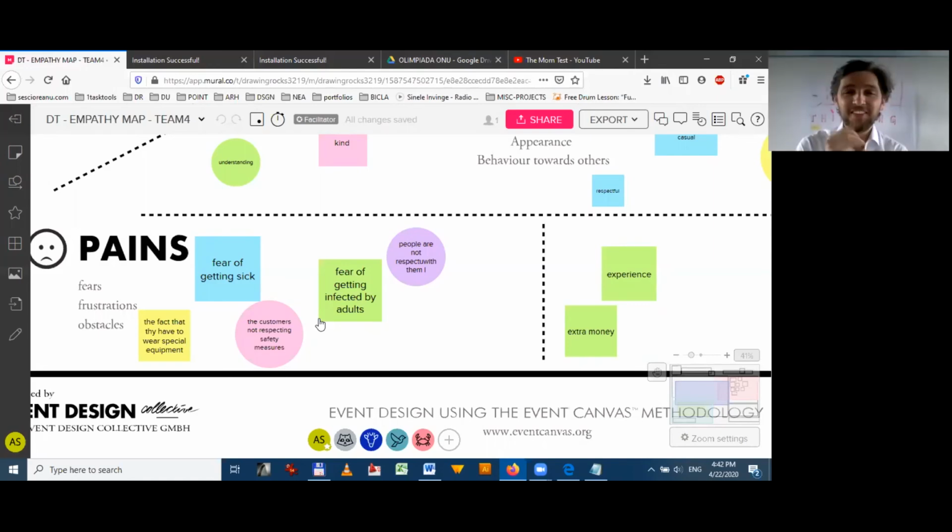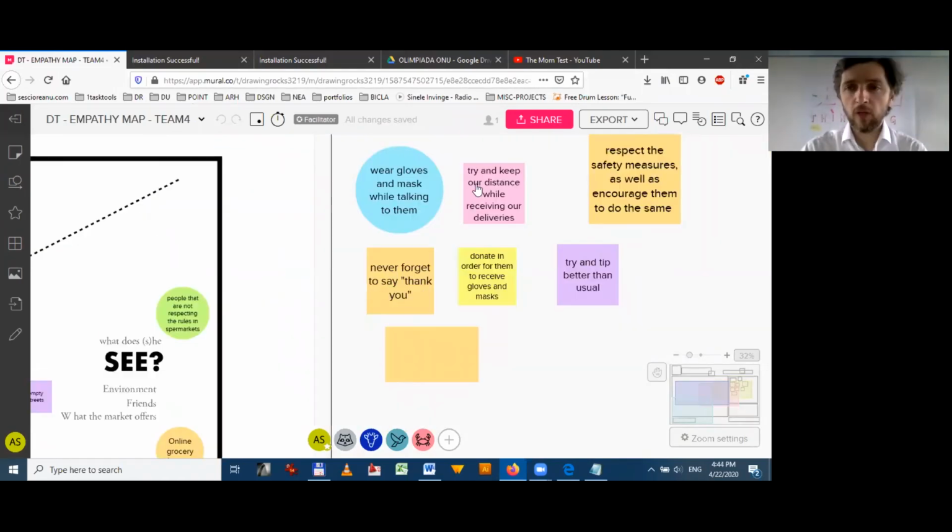Yeah, this is nice. So your solution at the end, reduce shopping, might be a solution, but might not be. But the fact that you discovered that our behavior might be part of their problem of getting infected, because they have to go and deliver packages for us, is a good conclusion.